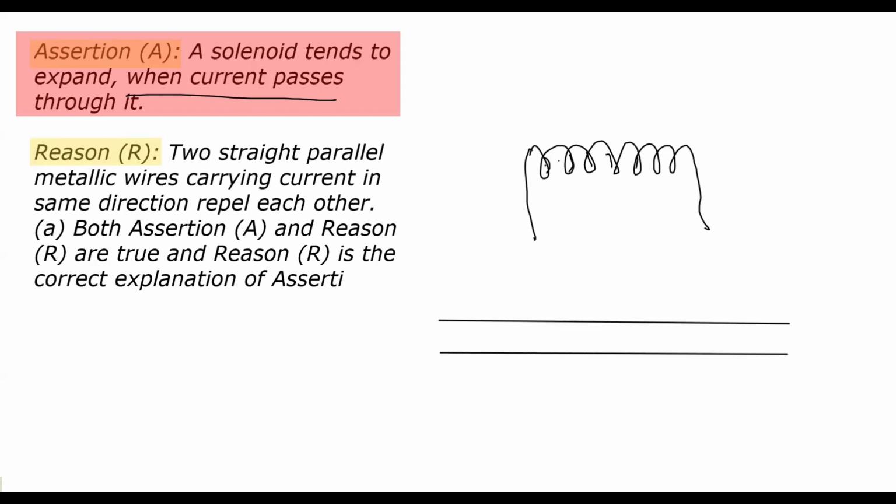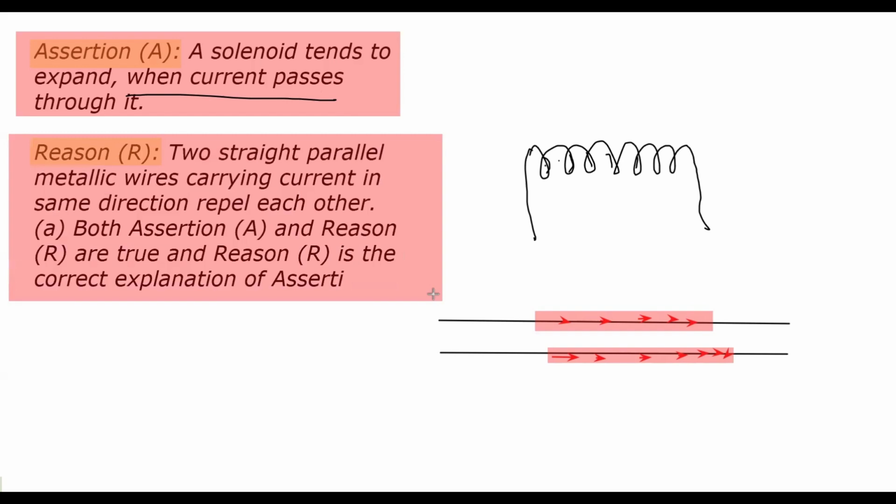If the current is flowing in the same direction, the magnetic field produced here is of the same nature. The direction of the magnetic field will be the same, so there will be like poles and they will repel each other, and that's the reason we say that two parallel metallic wires carrying current in the same direction repel each other.